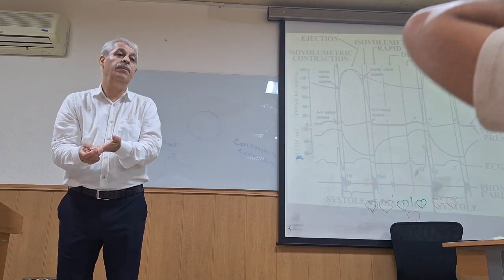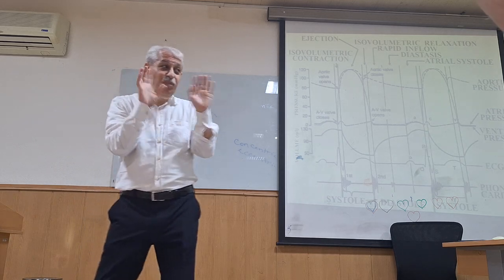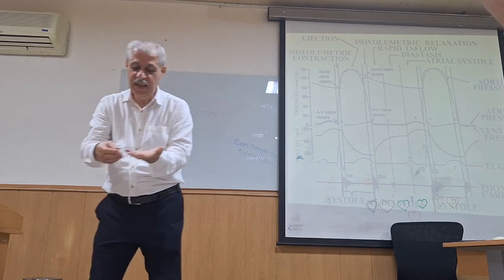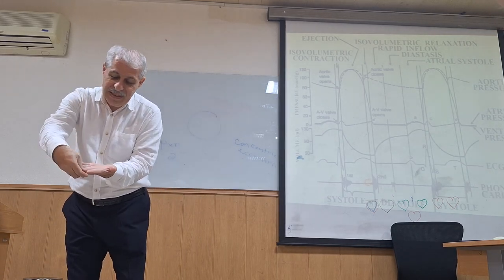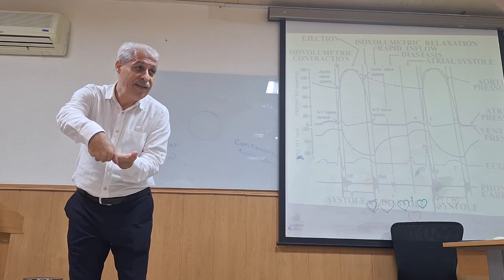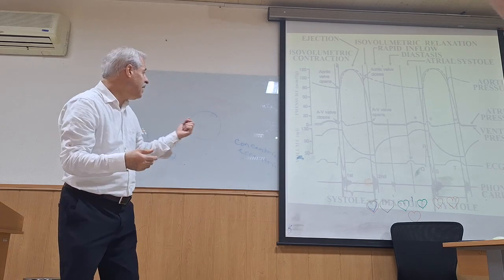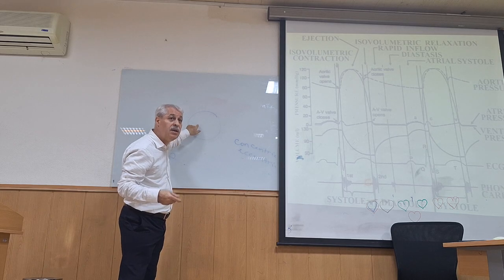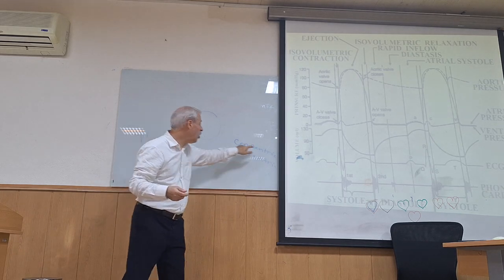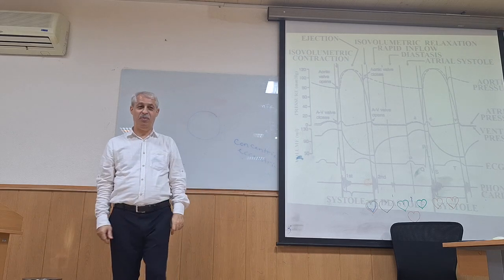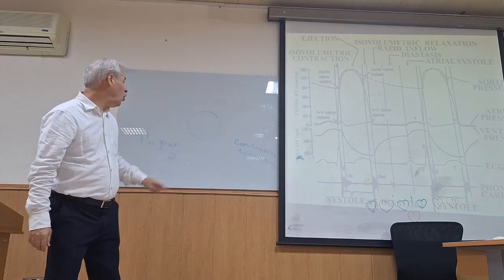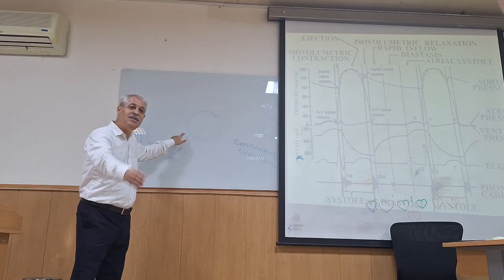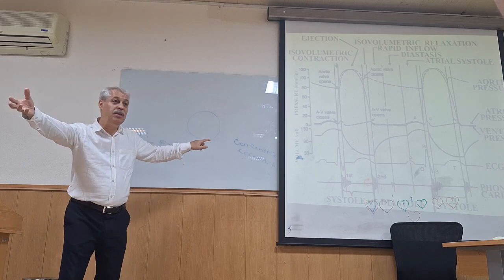The wall becomes thicker. Listen to me and then answer the question. In parallel, more actin and myosin, more sarcomeres, are added to the wall. What is happening to the diameter of the left ventricle? It will be smaller. This is called concentric hypertrophy, and it is an adaptive response.